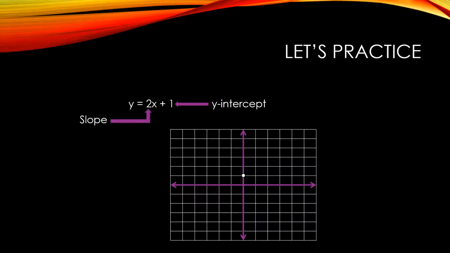From that point, use your slope, which is positive 2, to move either 2 units up and 1 unit to the right, and continue on that pattern, or 2 units down and 1 unit to the left, and continue on that pattern. Once you've found 4 or 5 coordinates along the same line, connect the dots, and you have successfully graphed your linear function.